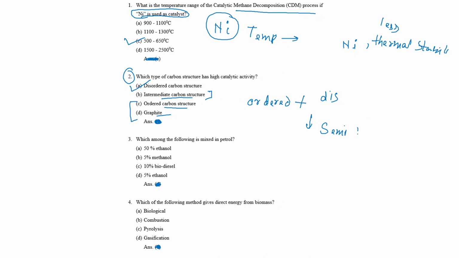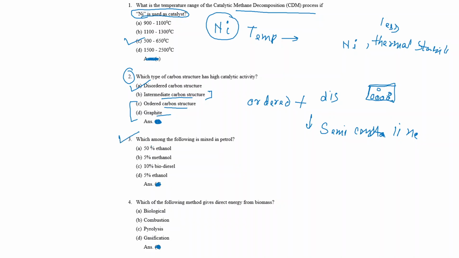If a material has a very good ordered structure, for example diamond or graphite, it is called crystalline material. A polymer is always a semi-crystalline material, meaning some molecules are in ordered form and some are in disordered form.